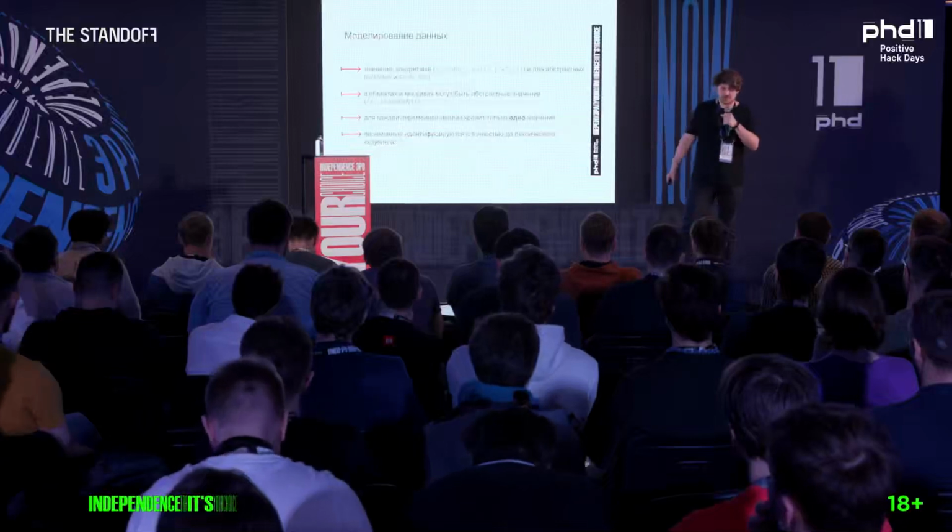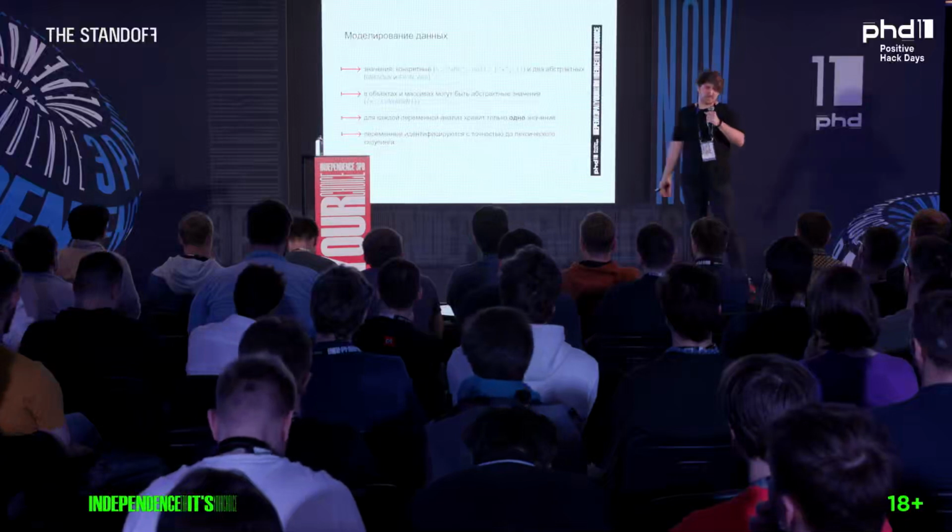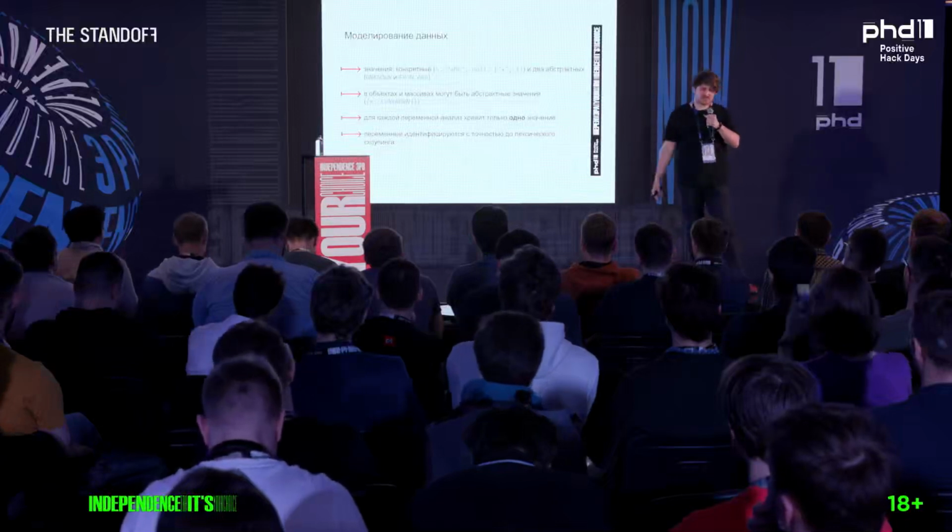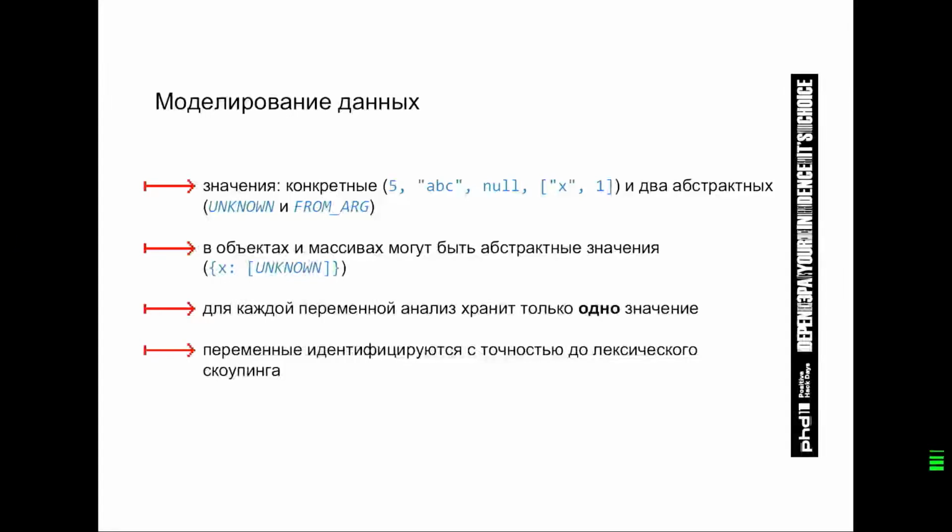In terms of the way we model data, the analyzer supports primitive types, numbers, null, strings, etc., and everything that any system would have, and also unknown and from arg.